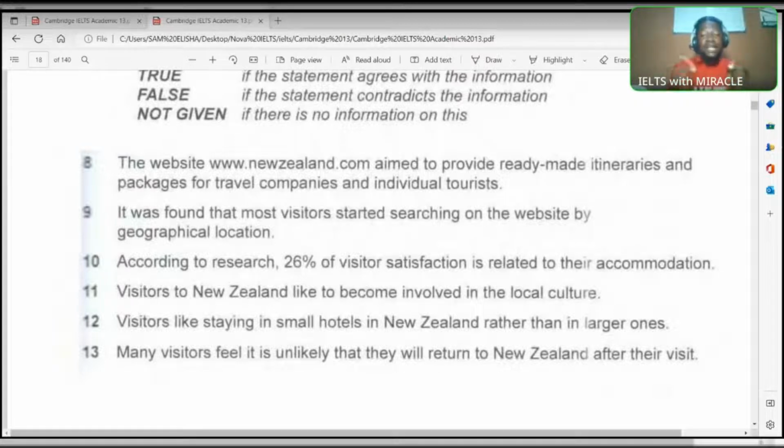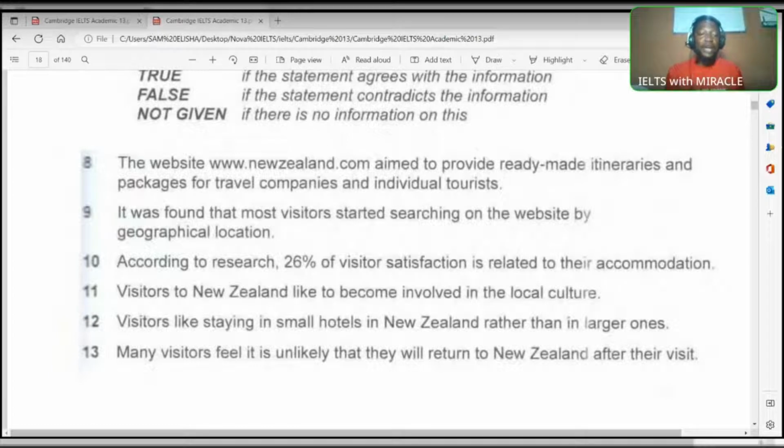So I'll start looking out for where in the passage the writer has made a comparison between visitors that stay in small hotels and visitors that stay in larger hotels. So these are ways I know answers that could fall under not given.